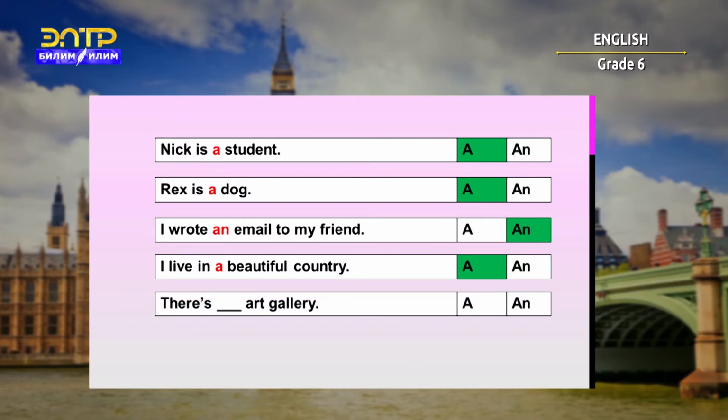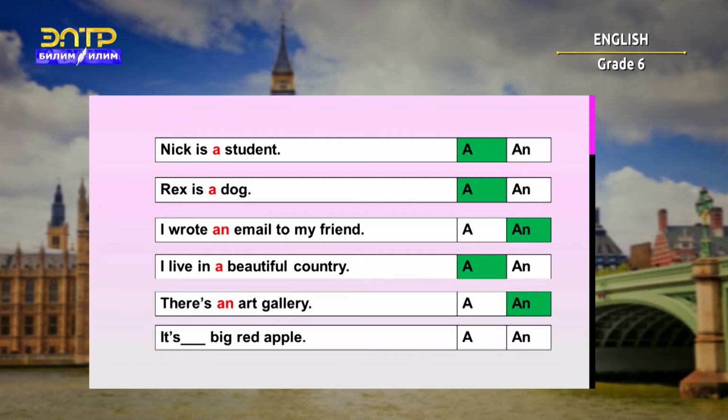There is art gallery. Good job. It's AN. It's big red apple. Yes, it's A. It's a big red apple.